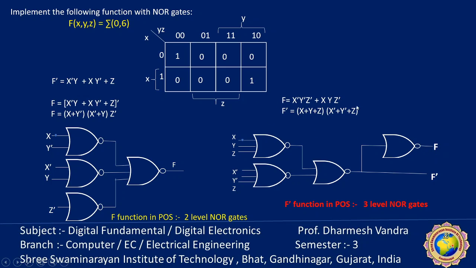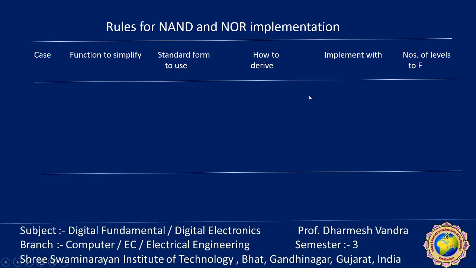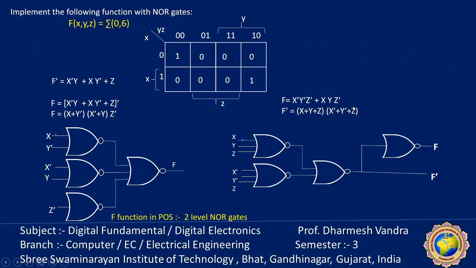Okay, so the conclusion is that the rules for implementation of NAND and NOR gate are: first, if the function is simplified in F form with the sum of product, we have to combine all ones and a 2-level NAND circuit is generated like in this way.